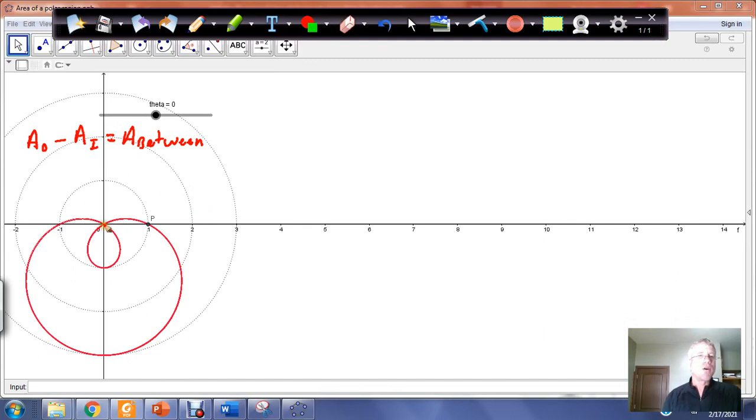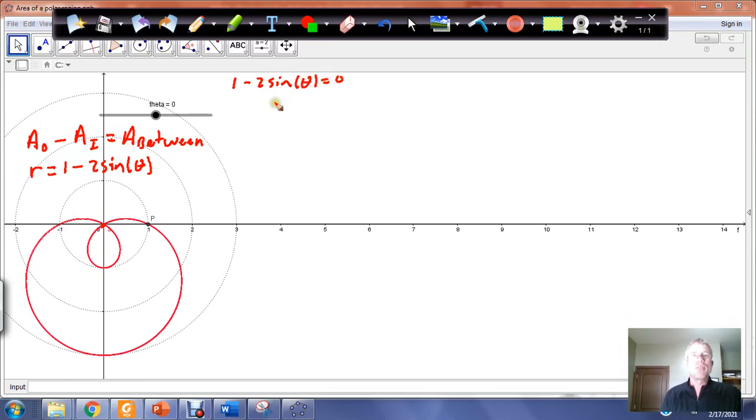And then I want to find out when I am located here at the pole or the origin. And to do that, we need to take our radius formula, radius equals 1 minus 2 sine of theta, the equation of the limaçon in polar form, and set that equal to 0. So we get 1 minus 2 times the sine of theta equals 0. When does that happen?